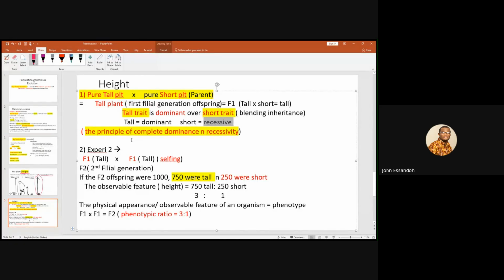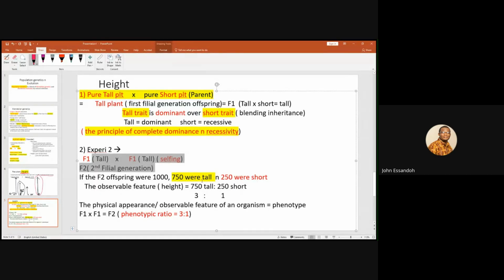Mendel conducted the second experiment by selfing the F1 generation to get the F2 generation, the second filial generation. And in that, when he did the crossing, he realized that the short that disappeared here has all of a sudden reappeared.